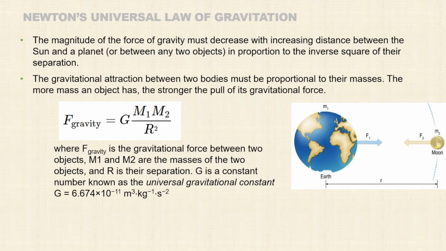M1 is 1 kilogram, M2 is half a kilogram, distance is R. Calculate F, the force due to gravity between these two objects. You'll get a very, very small number. But if you use the same equation to calculate the force of gravity between the sun and the earth, because the mass of the sun and the mass of the earth are much, much bigger, we get a much higher force of gravity.